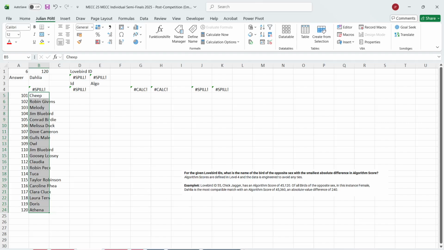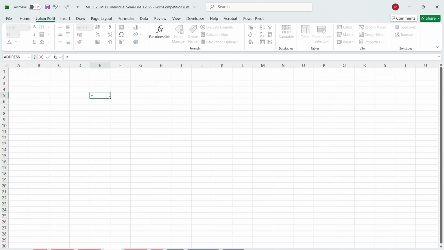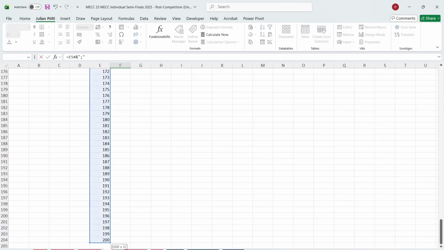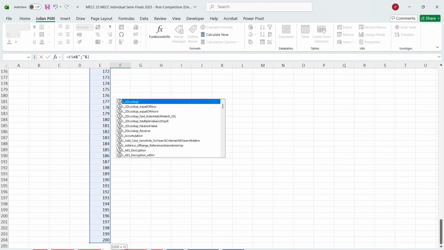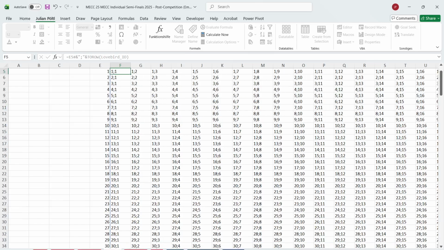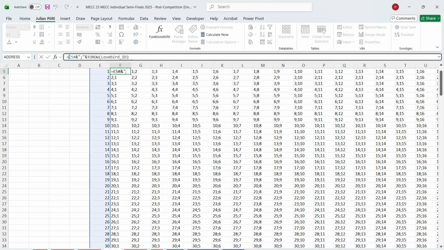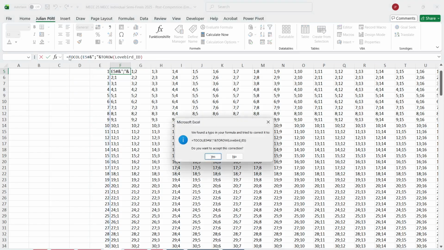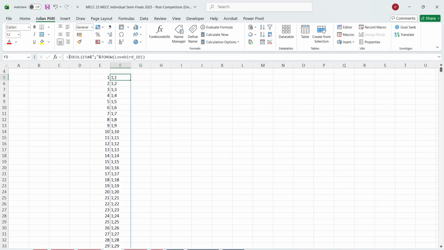Okay, so basically, we have to check for combinations. And we have here 40,000 combinations.